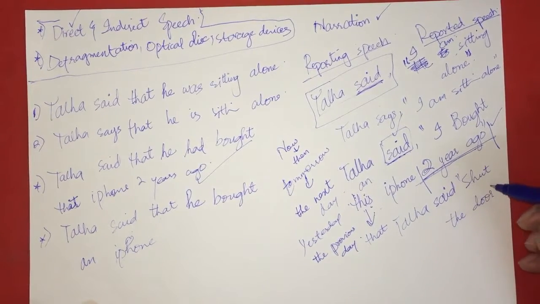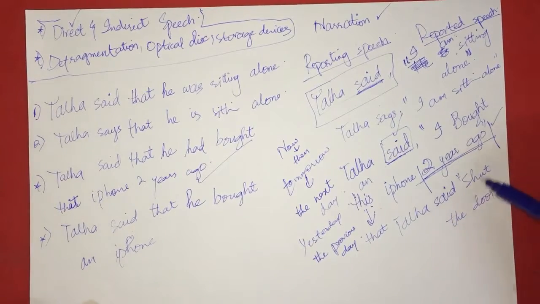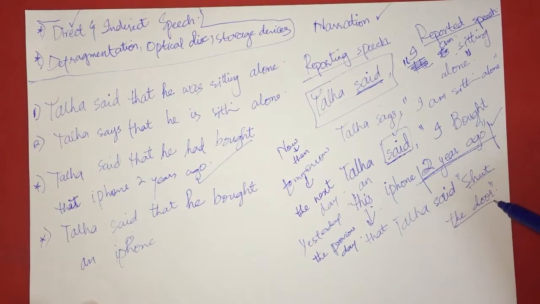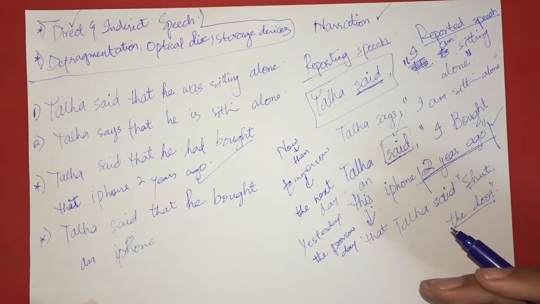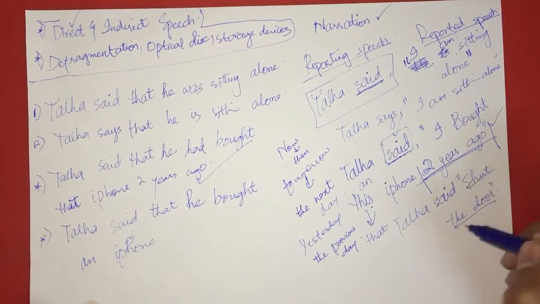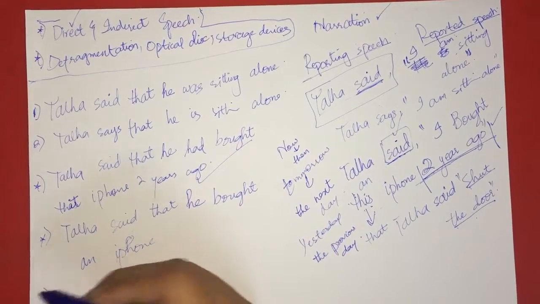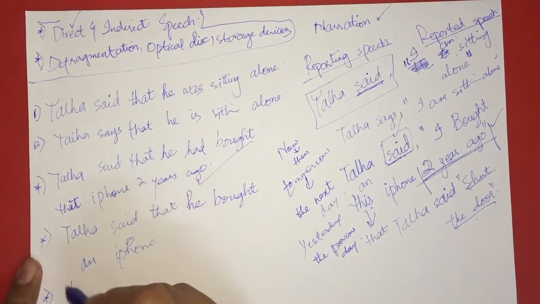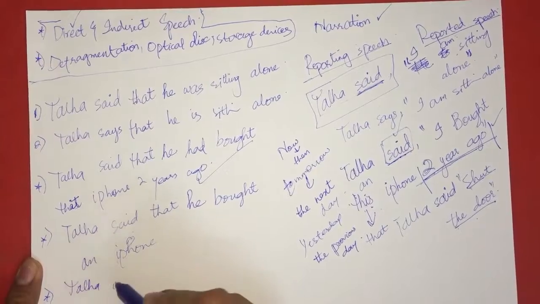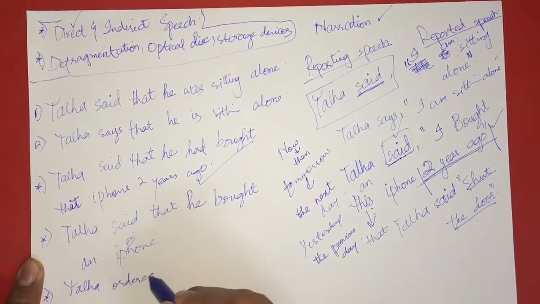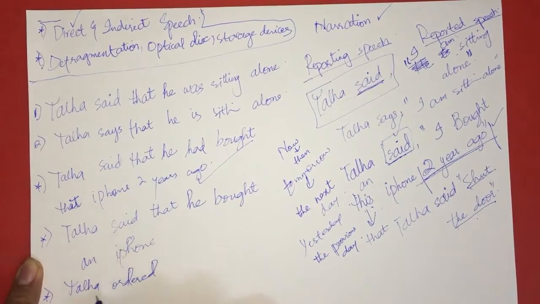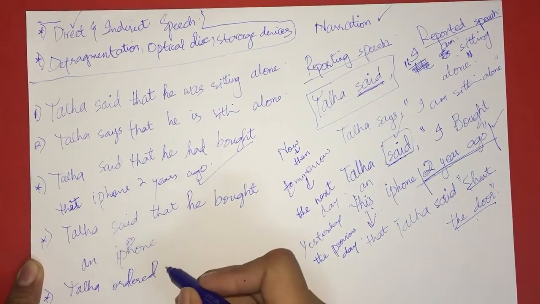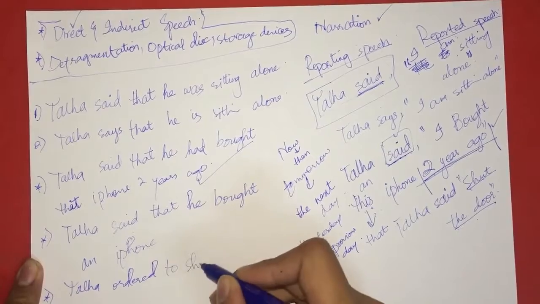Now looking at this sentence, this reported speech sounds like an order. It does not sound like a declarative sentence. So instead of writing "Talha said," if you write "Talha ordered," that will make more sense and be more appropriate: "Talha ordered to shut the door."